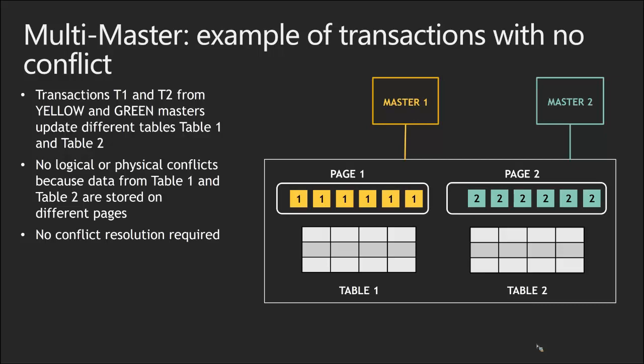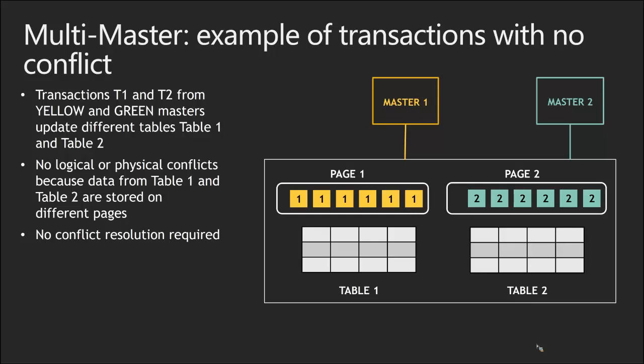One of them is writing to page 1 and the other to page 2. And you remember that we have 6 copies of the data. That's why we can see that each of these pages, page 1 and page 2, is written to the storage layer 6 times, and we don't need to do any conflict resolution because there's no conflict. These are 2 separate pages.